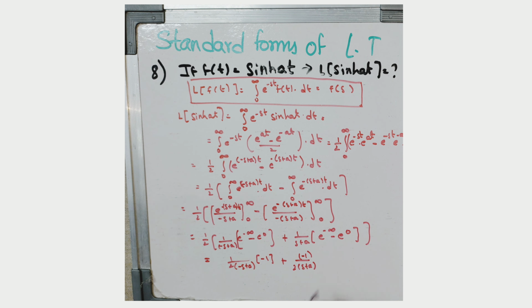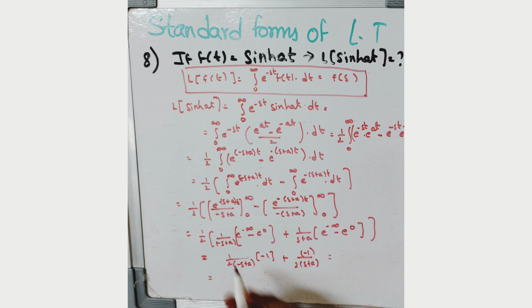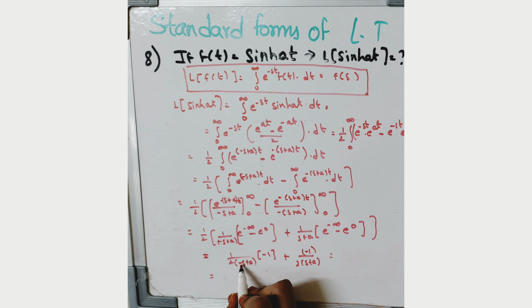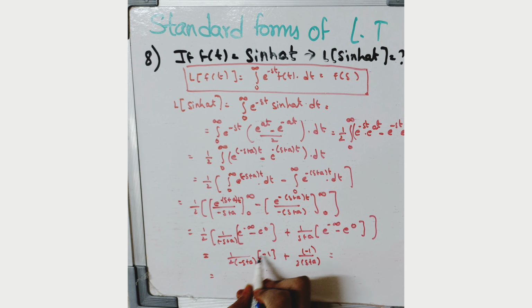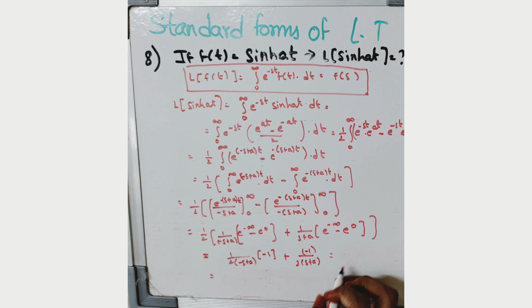Now solve this. Take minus common here, so this minus becomes plus. Take 1 by 2 common from both of these. So it becomes 1 by s minus a, minus 1 by s plus a.